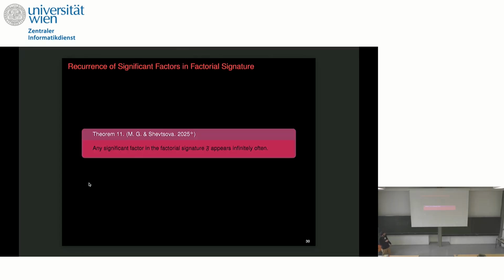We prove that any significant factor in the signature appears infinitely often, so it is recurrent. Unfortunately, we couldn't prove that it is uniformly recurrent, and by some analysis, we draw the gamma function and, using upper and lower bounds by some Stirling approximation, we could prove it.